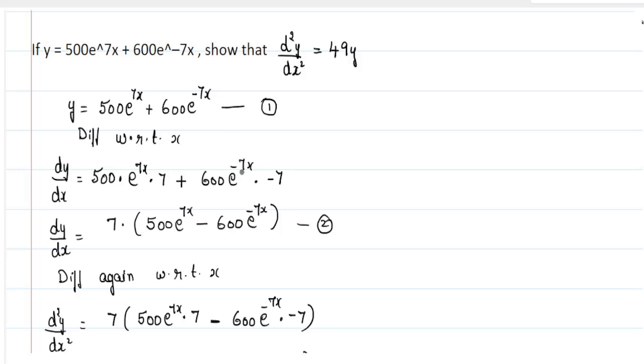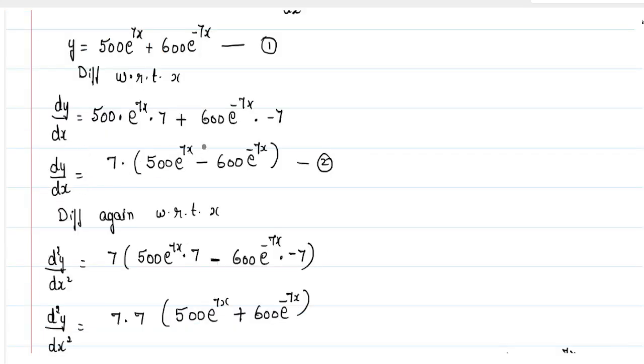Differentiation of e raised to minus 7x is e raised to minus 7x into differentiation of minus 7x, which is minus 7. dy by dx equal to, this 7 is common in both the terms, so we can take that outside. Remaining is 500 into e raised to 7x minus 600 into e raised to minus 7x. Let us put this equation as number 2.